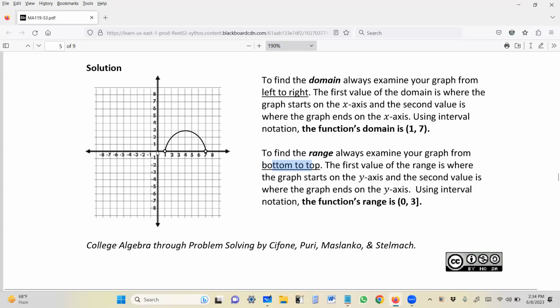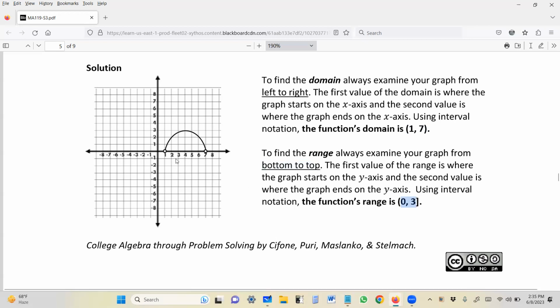And we're going to find the smallest y coordinate. And the smallest y coordinate is 0, right? Because it's exactly on the x-axis. And then we're going to find the largest y coordinate, and I can see on the very top of the circle, the value is 3. So we'll say that the range is from 0 to 3.